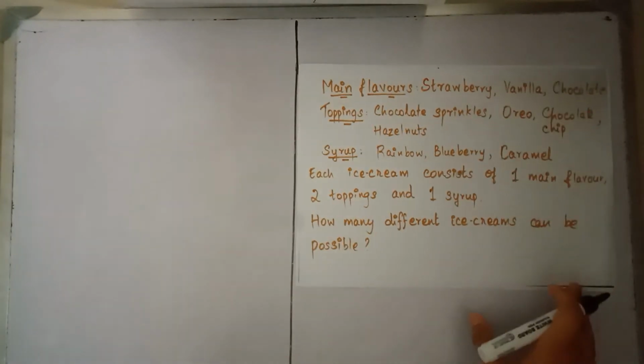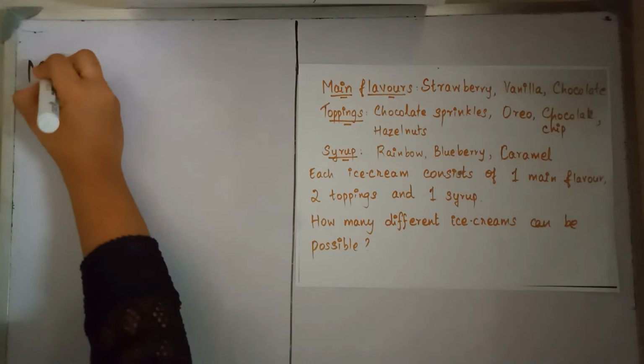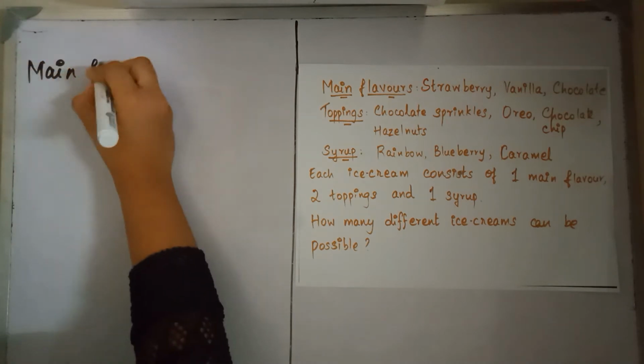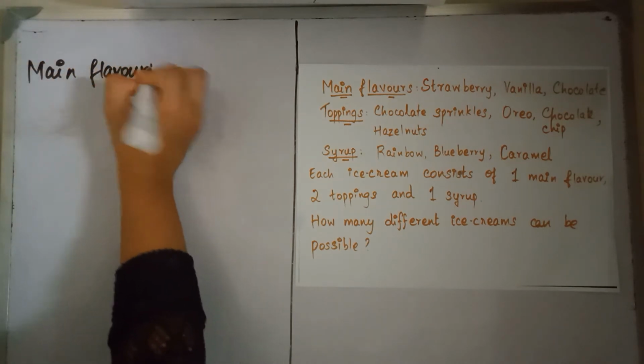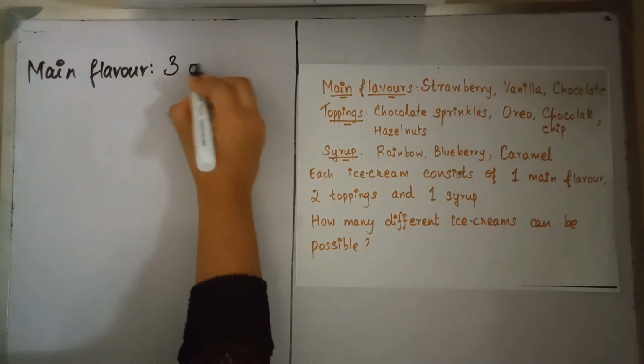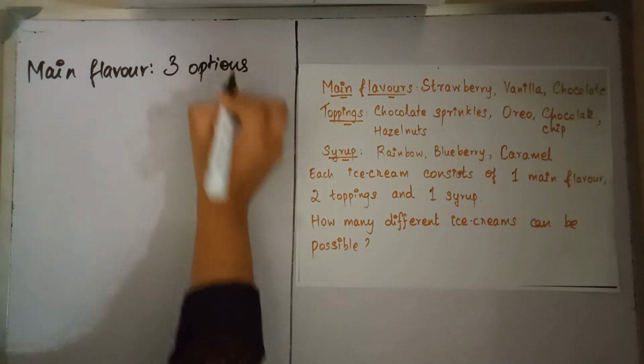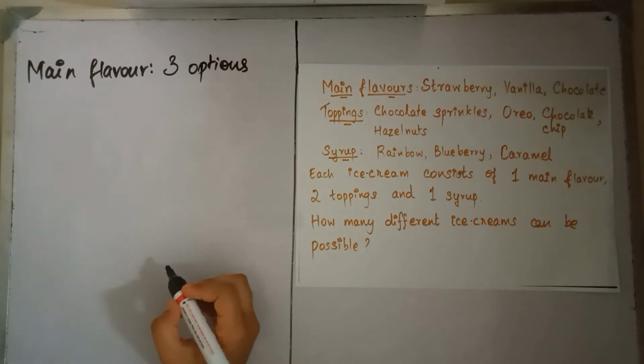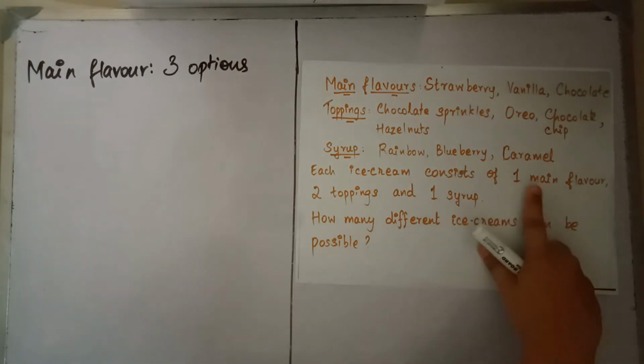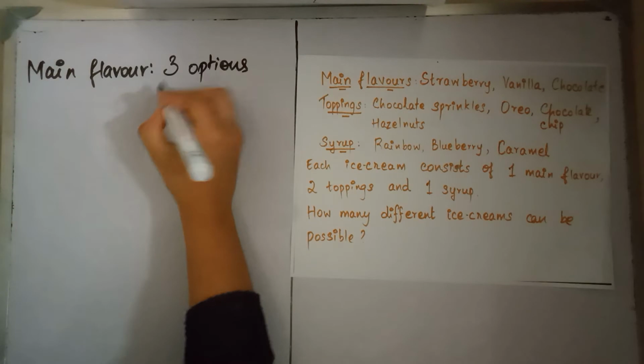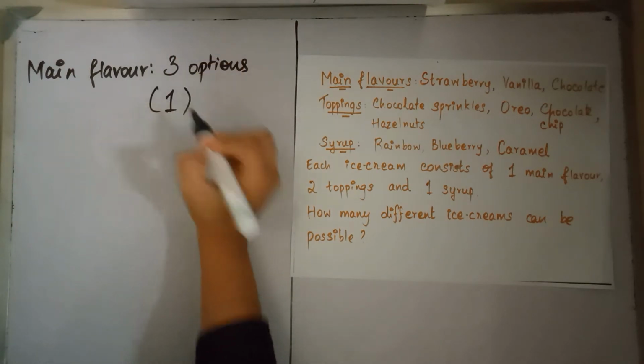Okay, so in main flavor, we have 3 options. How many should we choose from these 3? We have to choose only one main flavor. So we have to choose one.